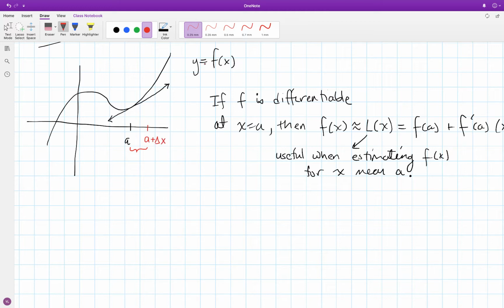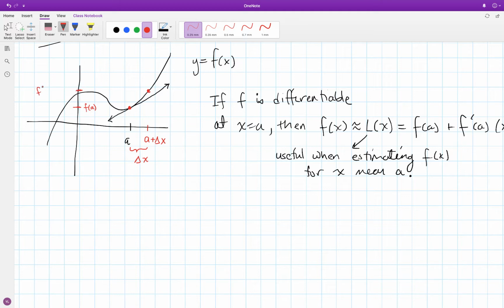And of course, if y, the dependent variable, depends on x through the function, then any change in the independent variable may result in a change in the dependent variable. So if I move a distance of delta x, using the symbol delta x for change in x, away from this x value a, then there's going to be a resulting change in the y coordinate. So the x coordinate of a has a corresponding y coordinate of f of a, and then if I change the x coordinate delta x units, then I could ask about, how much did the dependent variable change?